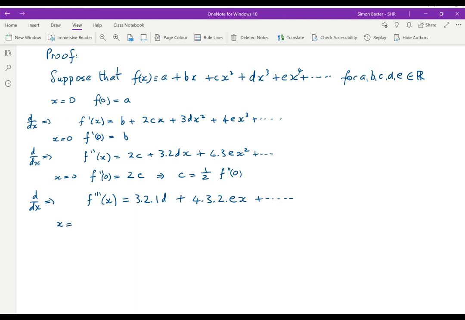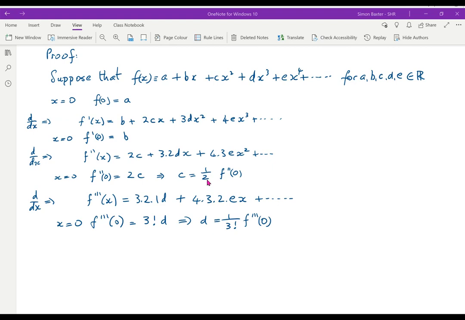Putting x equal to naught, we get f'''(0) is 3 factorial times d, and that gives us that d is 1 over 3 factorial times f'''(0). In the same way, if I was to differentiate again, I would have the fourth derivative is 4 factorial times e.